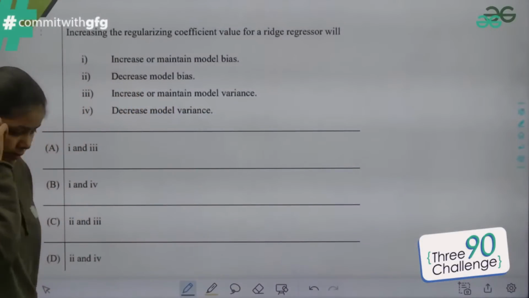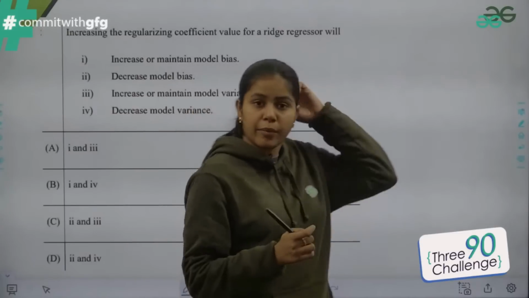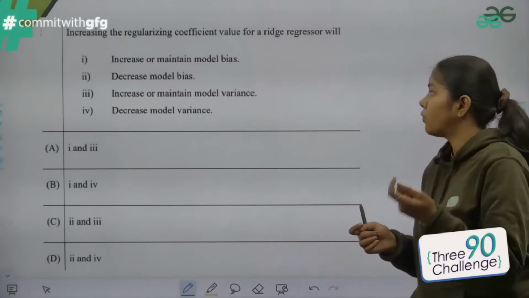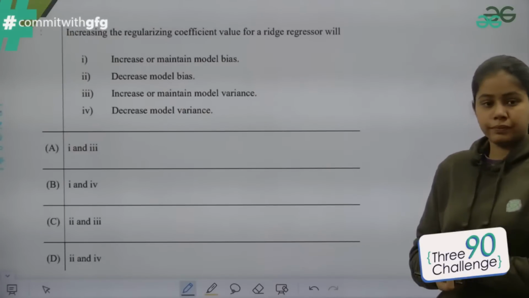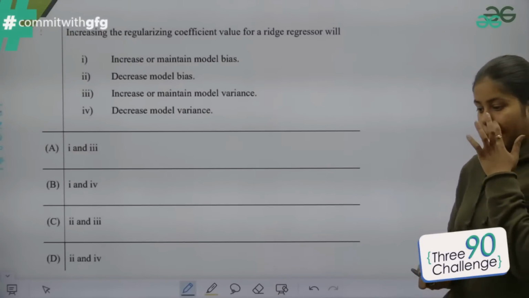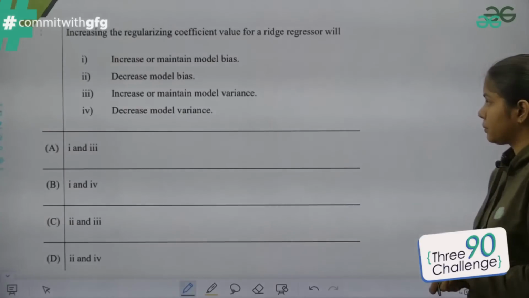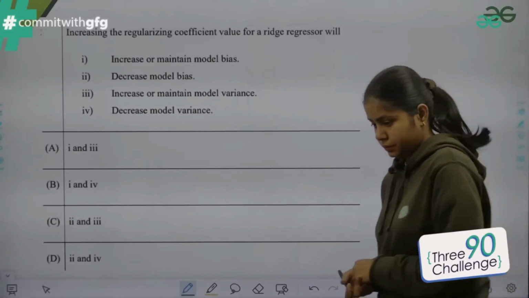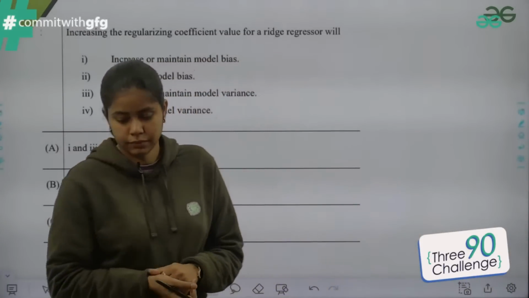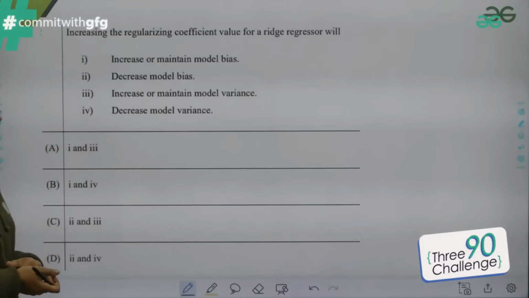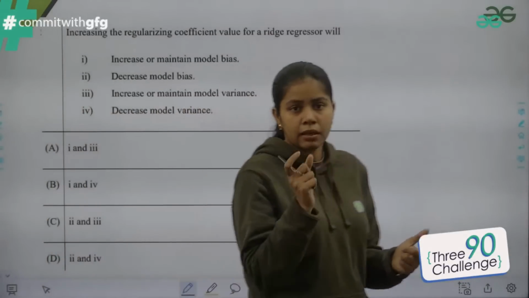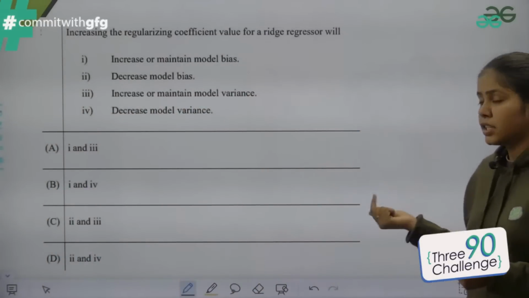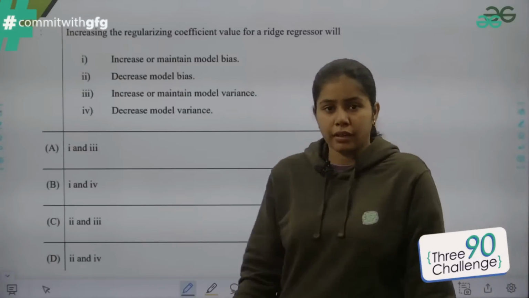So let's see this question: what would happen if I increase the regularization coefficient value for a ridge regressor? Guys, I told you that increasing the regularization coefficient lambda, right?